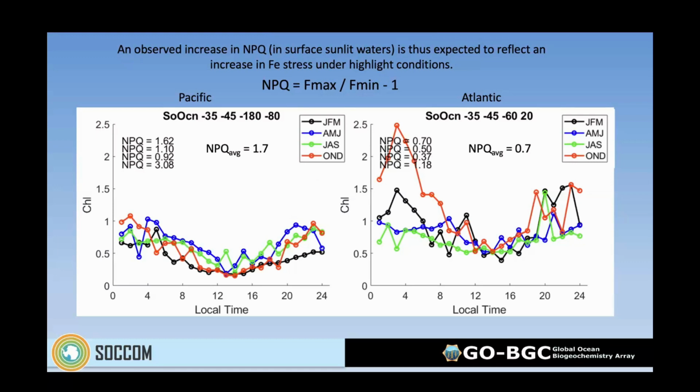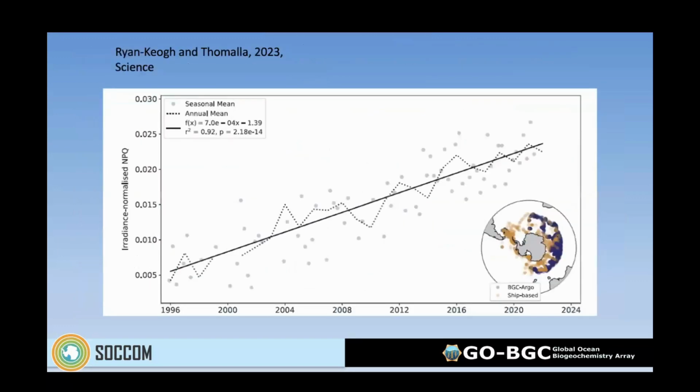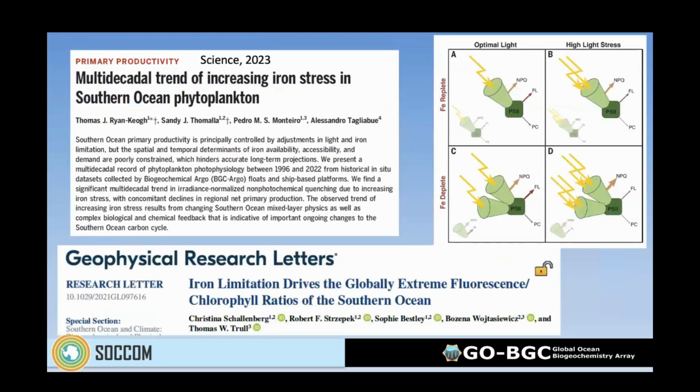You would think there's less iron stress in the Atlantic Ocean because there's more iron. In fact, that's the whole point of these beautiful papers by Ryan Keogh and Schallenberg: NPQ gets relieved when the plankton have more iron. They can deal with the light. They don't have to get rid of the light energy as heat.